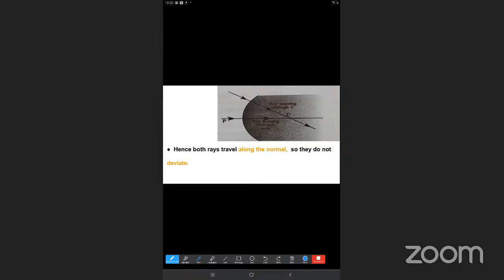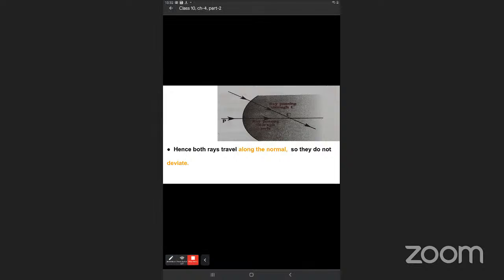When the light ray travels along the principal axis and through the center of curvature, these rays do not deviate.